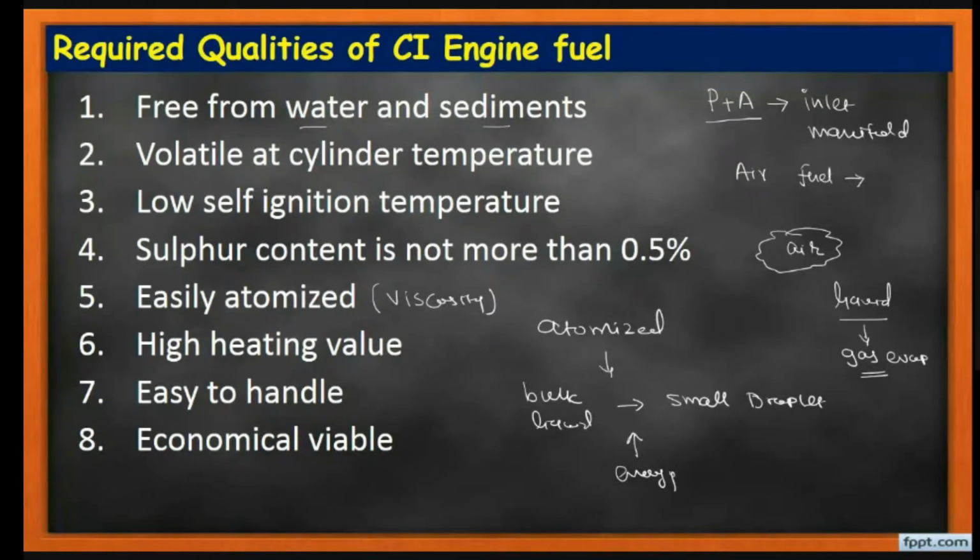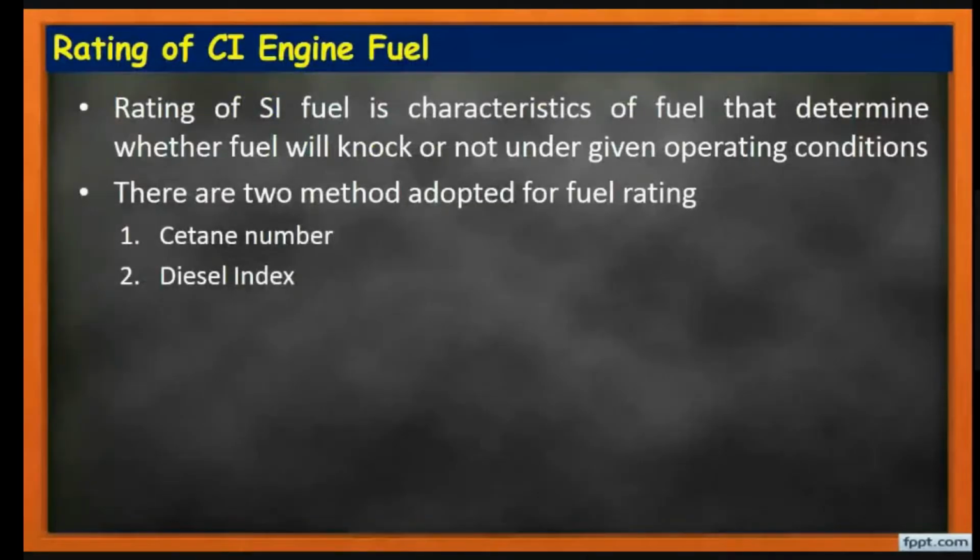Now students, after discussion of these required qualities of diesel fuels, let us go to the rating of CI engine fuels. So the rating of CI engine fuels is determined, similar to SI engines, by whether the fuel knocks or not. It is checked by the qualities, and those qualities or properties are called the rating of CI engine fuels.